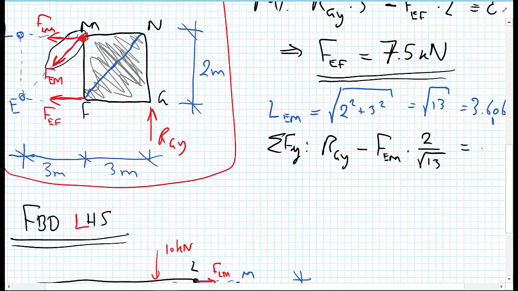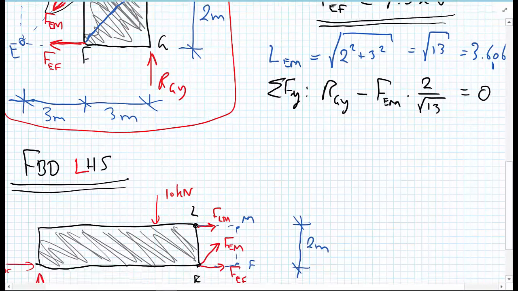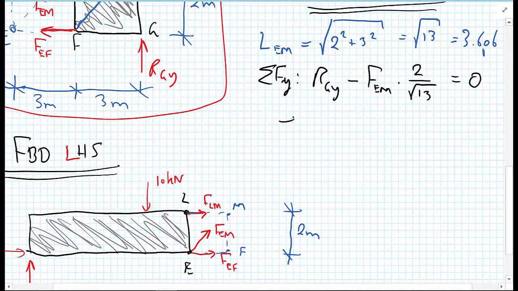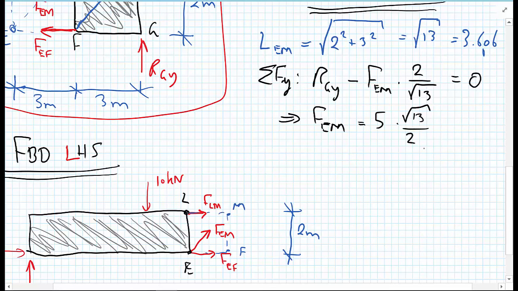And for equilibrium, that's all equal to 0. So we can rearrange and substitute for RGY in the process, and we'll get that FEM equals 5 times root 13 upon 2, which equals 9.01 kilonewtons.